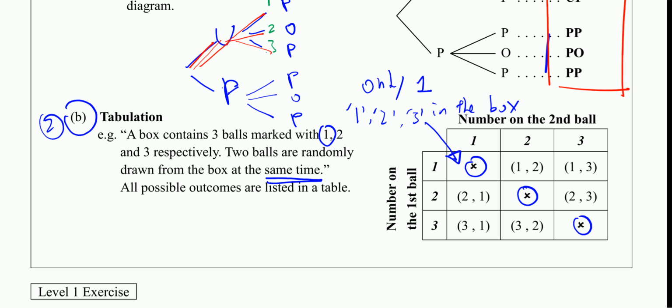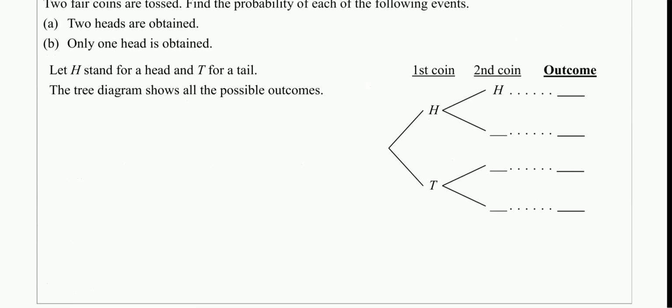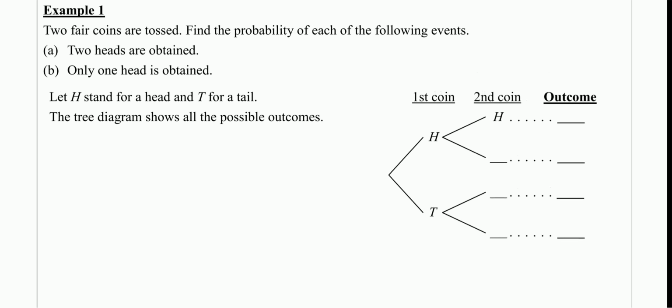Again, we can put the table here and list all the situations, that is 1, 2, 1, 3, and so on. Based on the situation, we can find our answer. Okay, so let's move on to the examples about the tree diagram.